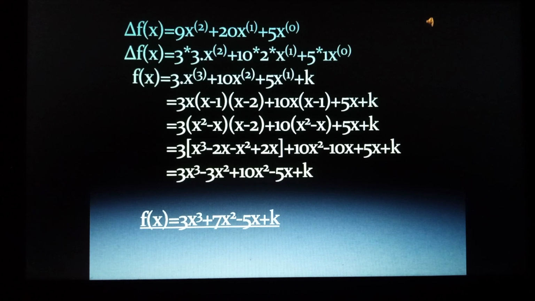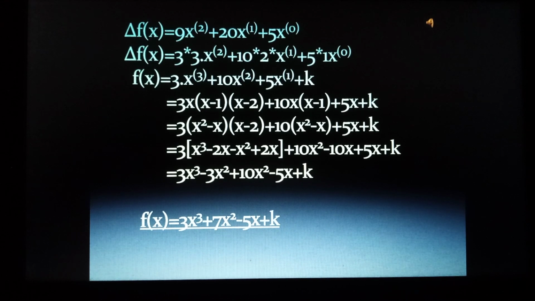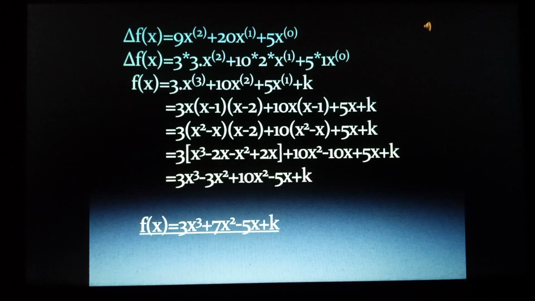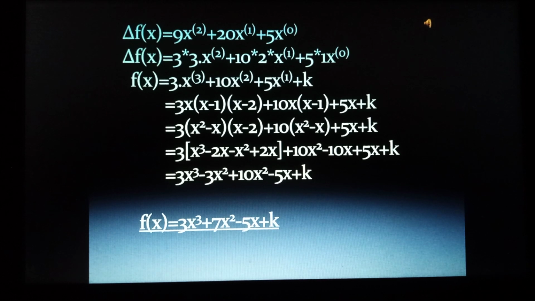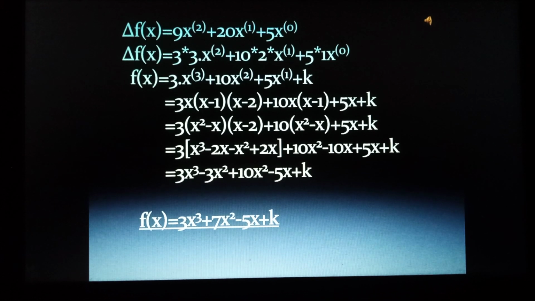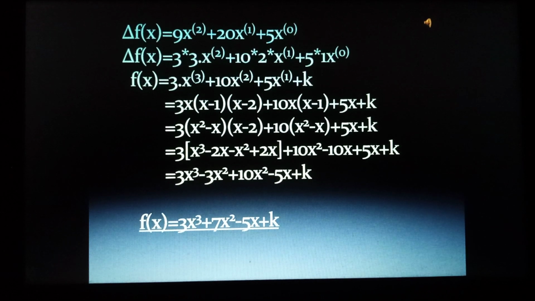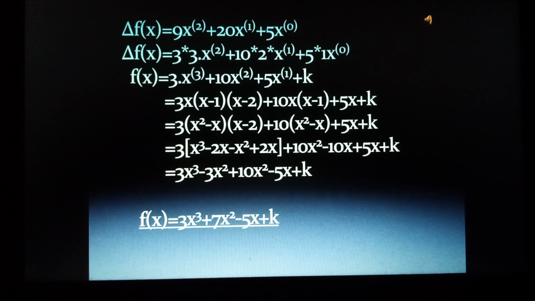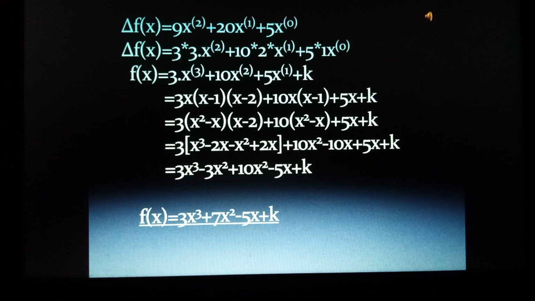Then f of x is equal to 3 in square bracket x cube minus 2x minus x square plus 2x, square bracket closed, plus 10x square minus 10x plus 5x plus k. Then after all, f of x is equal to 3x cube minus 3x square plus 10x square minus 5x plus k.